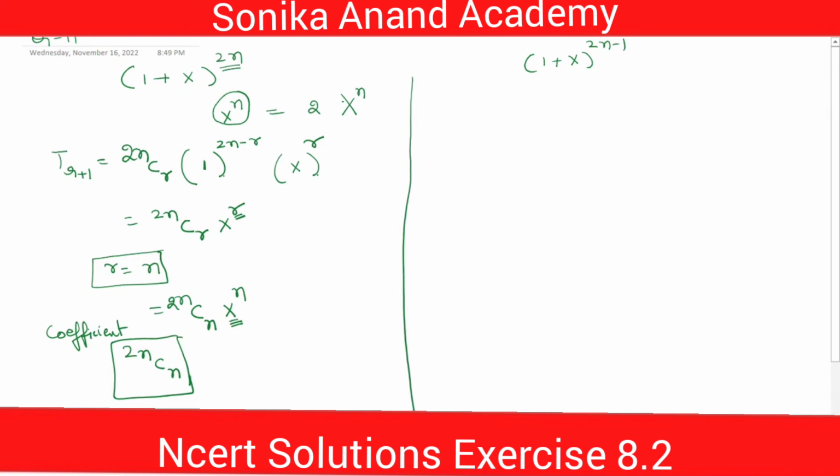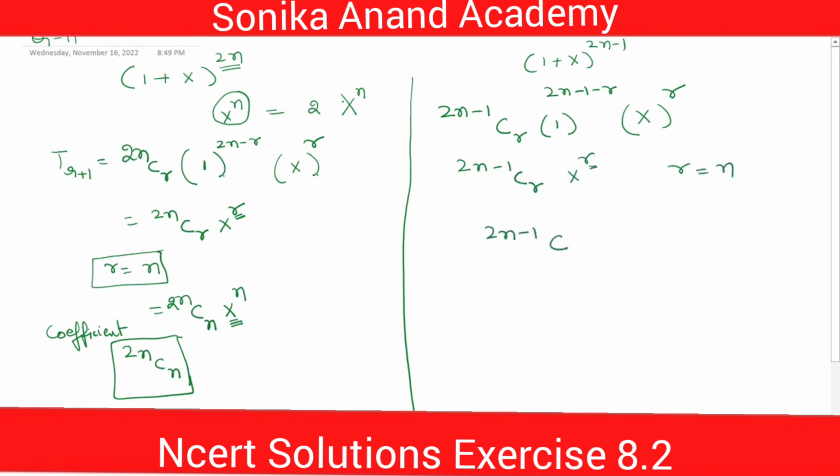Now when we solve for this, we write over here 2n minus 1 cr 1 to the power 2n minus 1 minus r x to the power r, that is 2n minus 1 cr x to the power r. Again we put r is equal to n. So we get 2n minus 1 cn xn. So its coefficient becomes 2n minus 1 cn.